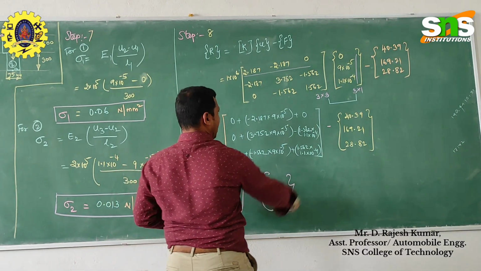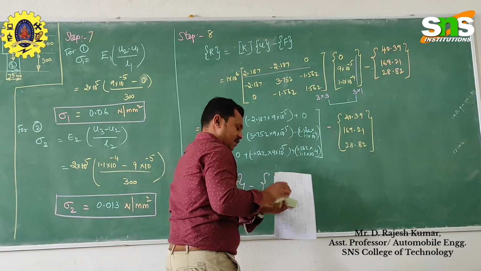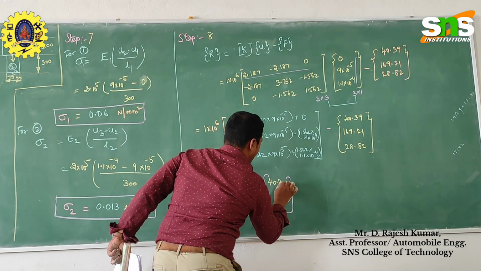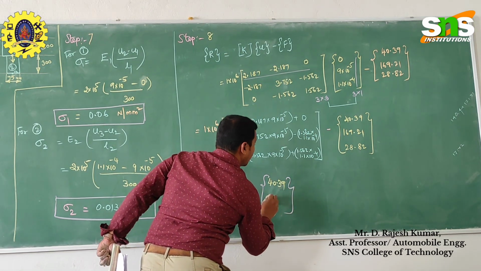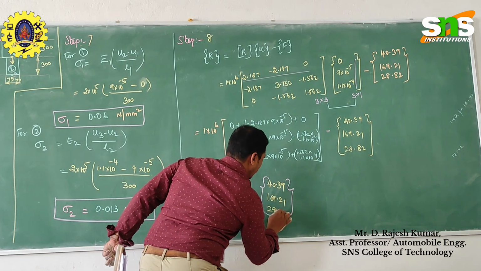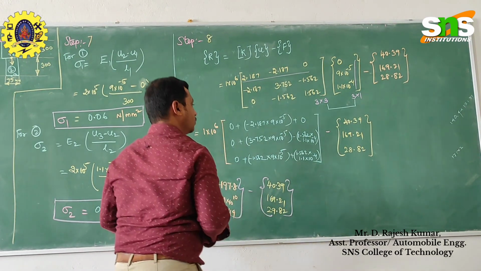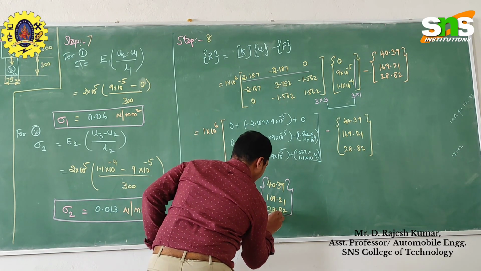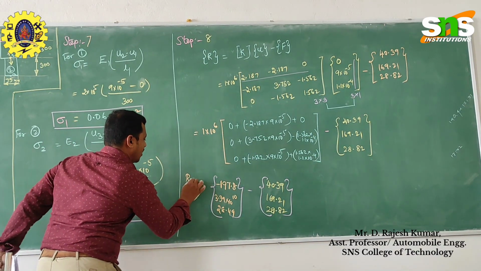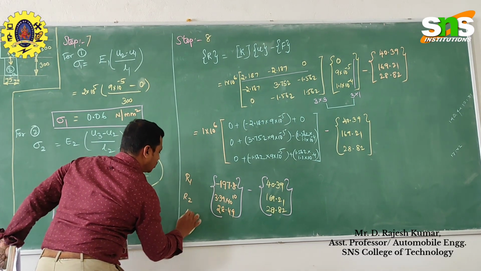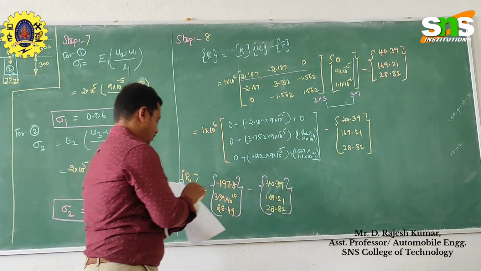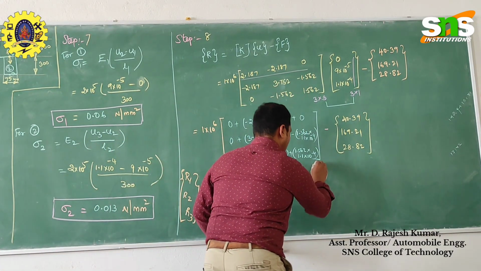If you see here, you have to subtract these values from these values: 40.39, 169.21 and 28.82. If you subtract these, you will get the values of R1, R2 and R3. So finally, I am concluding this problem.